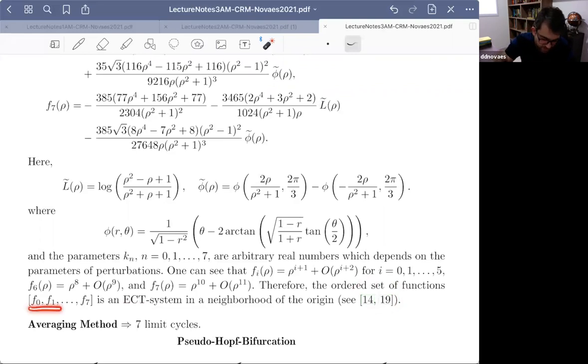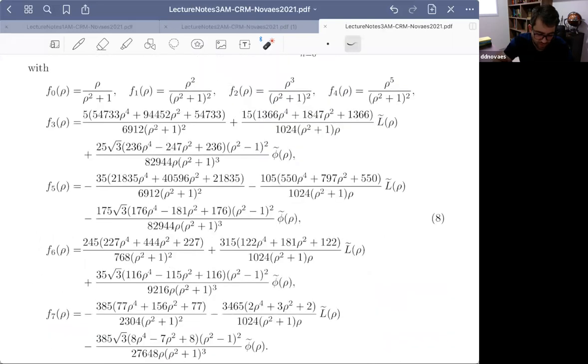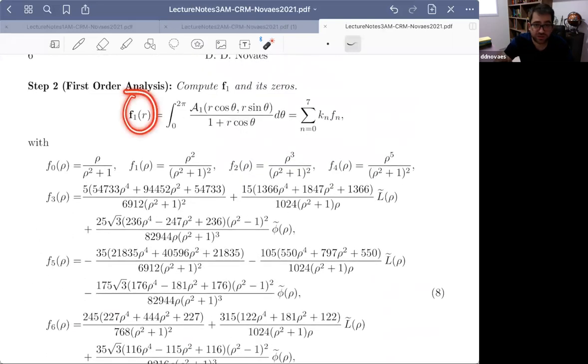So this implies that in a neighborhood of the origin, for ρ near 0, we can find 7 zeros of our first order average function.